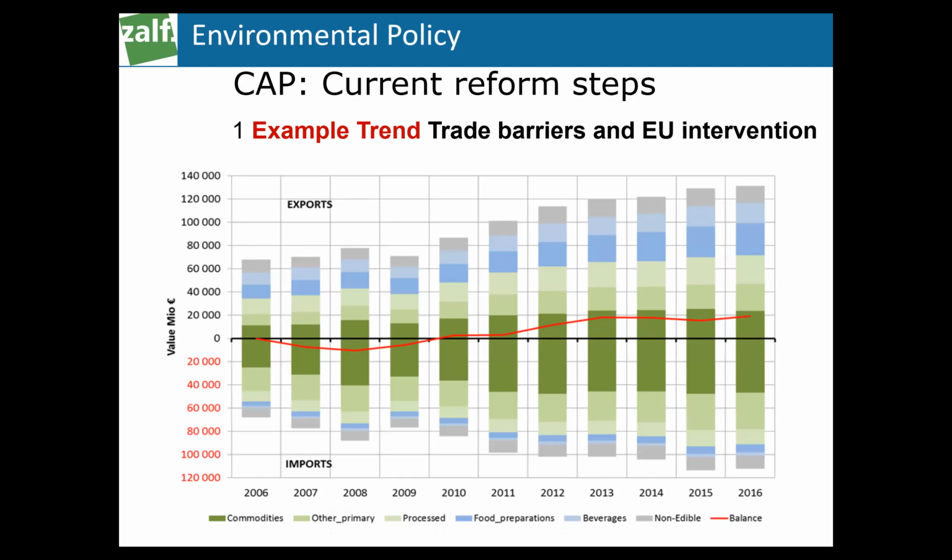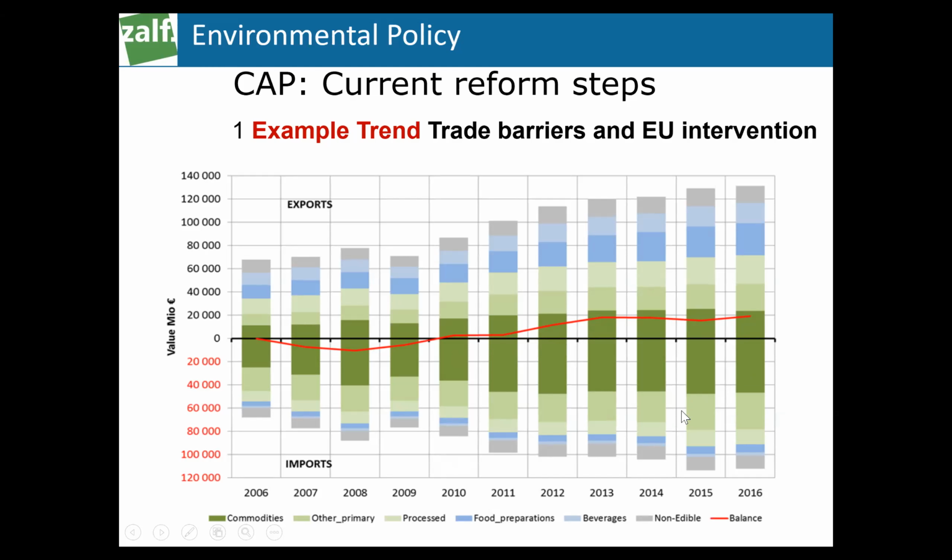In general, if you look at the entire international perspective, we have commodities being slightly increased, but we have more imports in the EU system of primary goods, other primary, and also commodities.